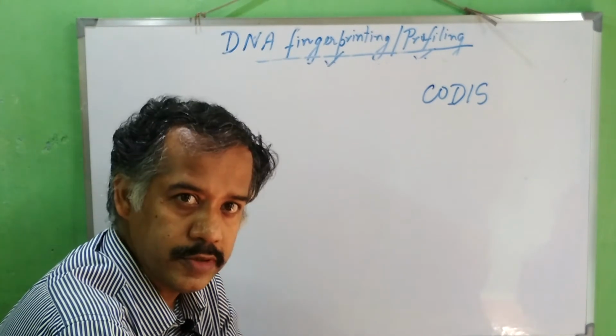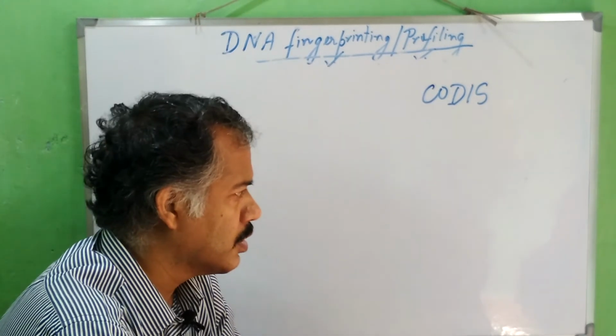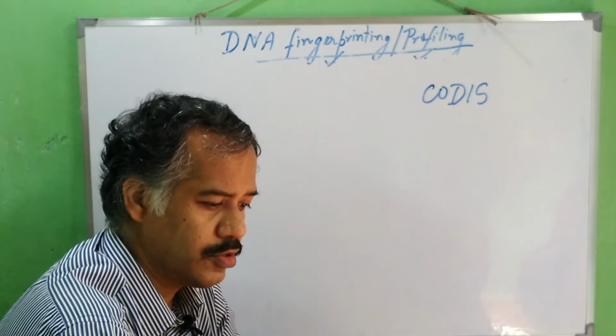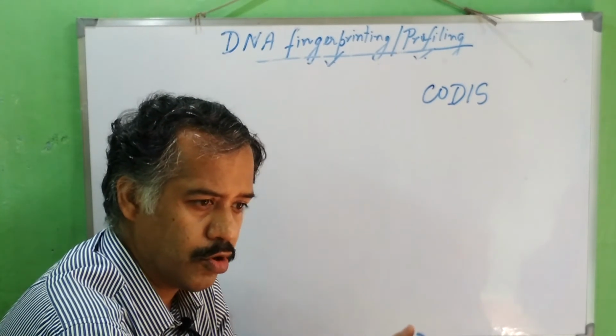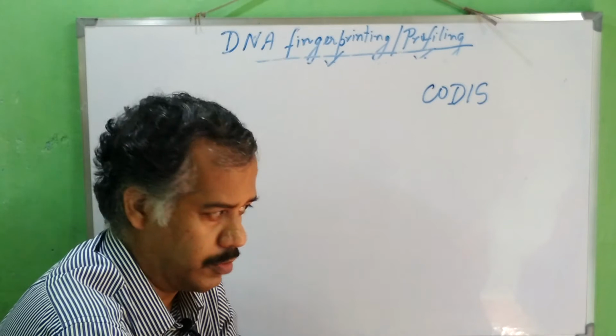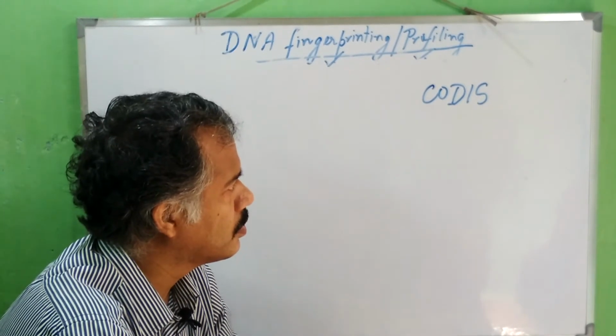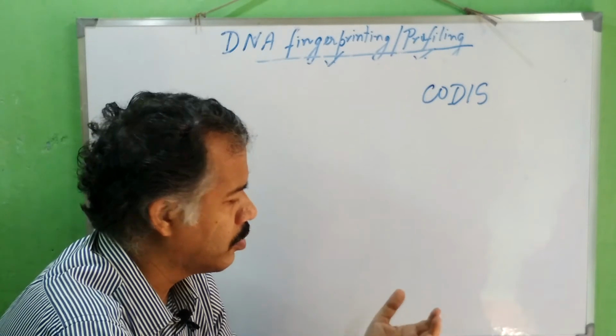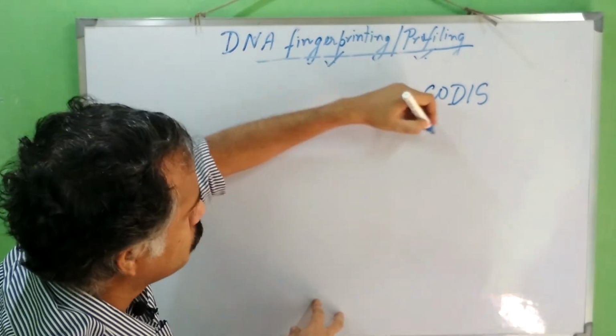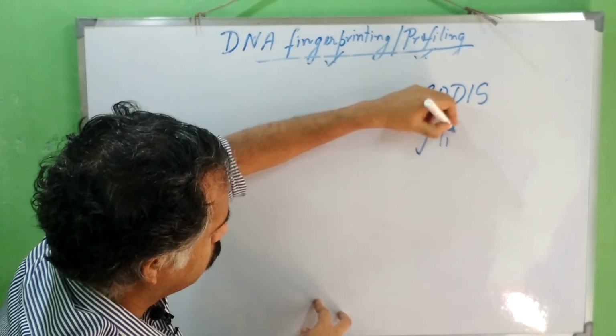So this problem stayed on. Plus the usual problems that it is not possible to do automated Southern, all these things came. That is when the technology began to shift to the microsatellites.